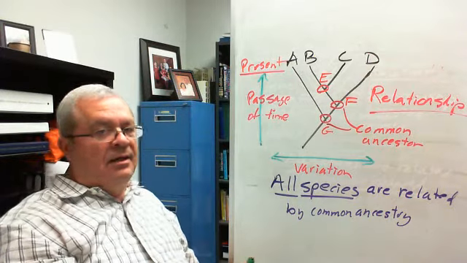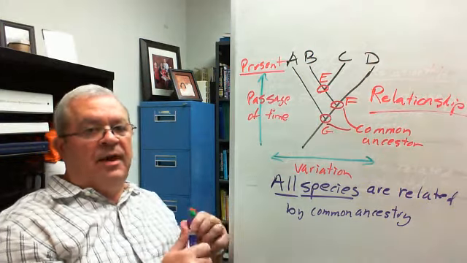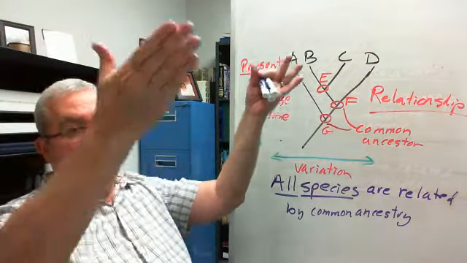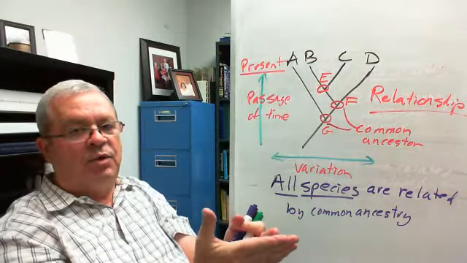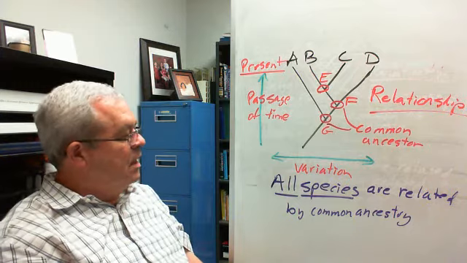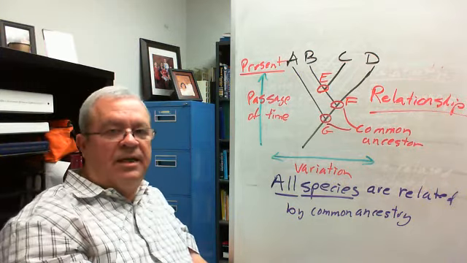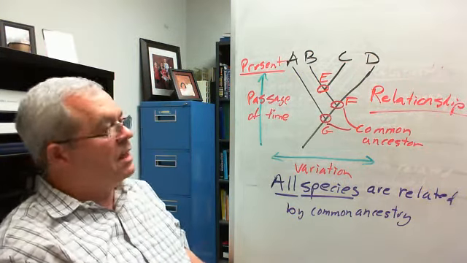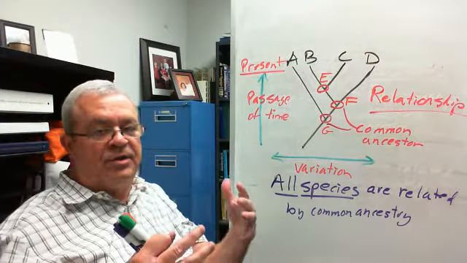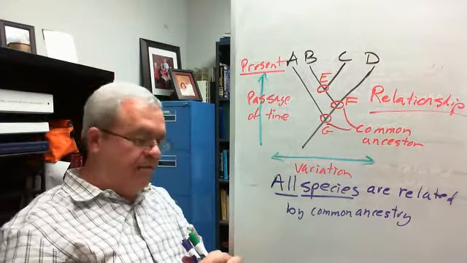What does that mean? You take any two species that have ever existed on the face of the earth, if you go back far enough in what? Far enough in time, at some point the branches come together and you have a common ancestor between the two. So what is a common ancestor? Well, it's kind of like your grandparents and the common ancestors of you and your first cousins, if you have those.